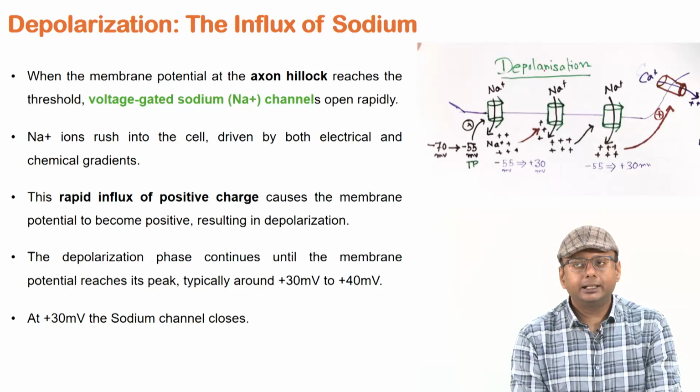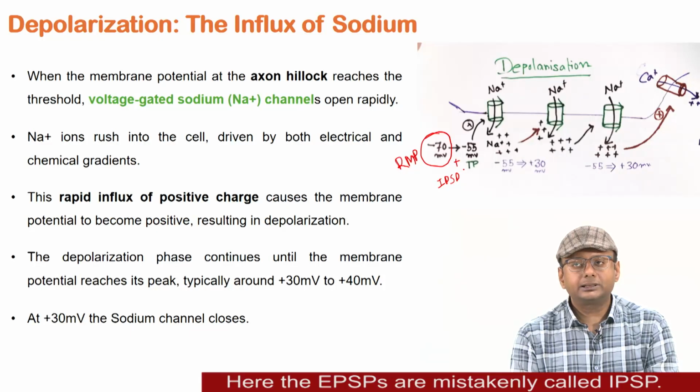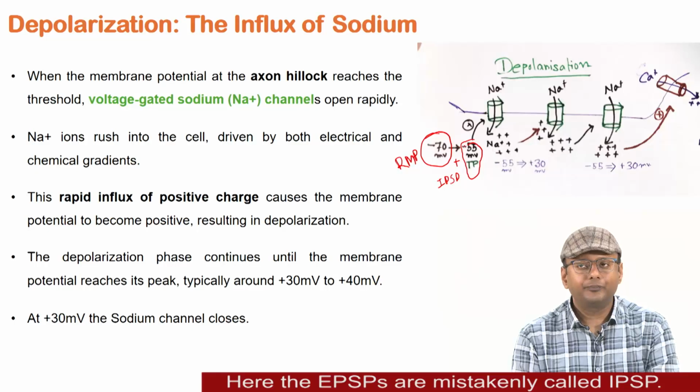So let us see in this diagram how the depolarization wave is created. Let us recapitulate. Initially the cell membrane has the resting membrane potential, which was about minus 70 millivolt, and then via a lot of stimulatory signals near the axon hillock area, the cell reached the threshold potential, which was minus 55 millivolt.